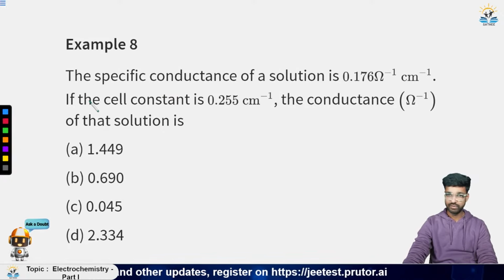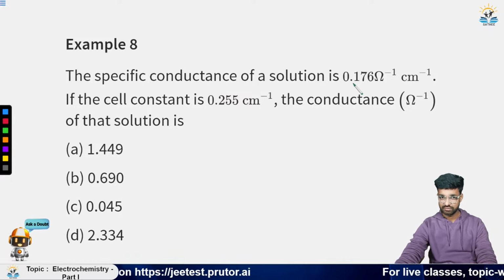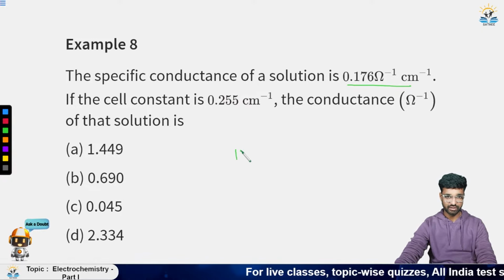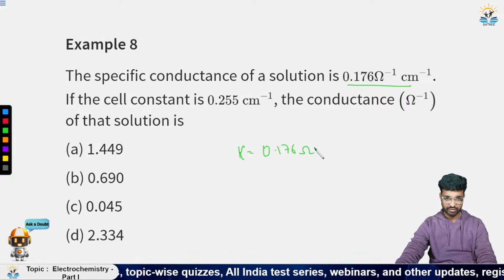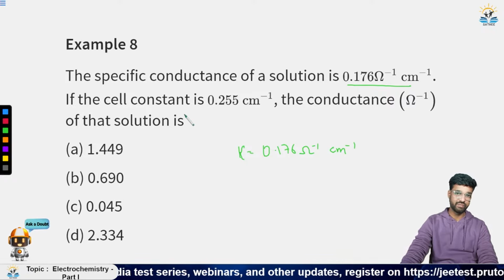Now the next numerical we have here: the specific conductance of a solution is given, that is resistivity, or you can say kappa, is 0.176 ohm inverse centimeter inverse.